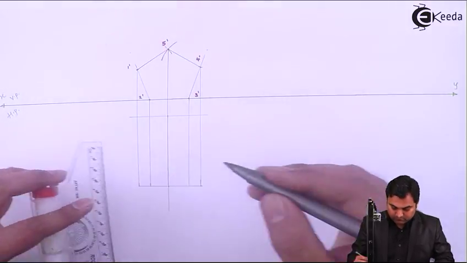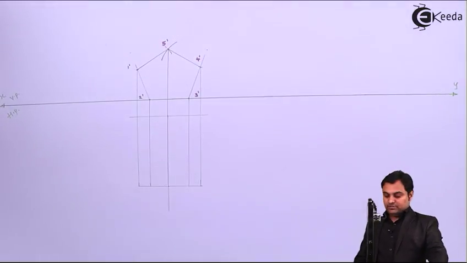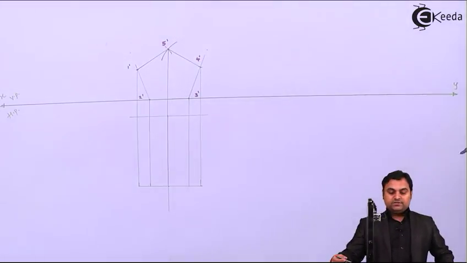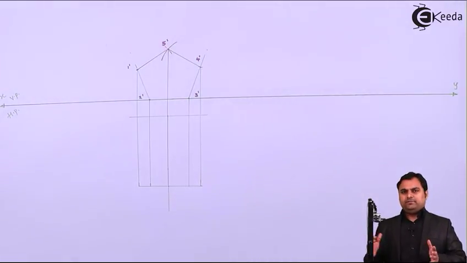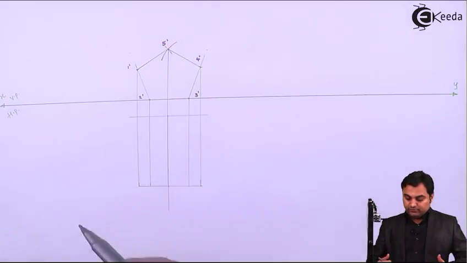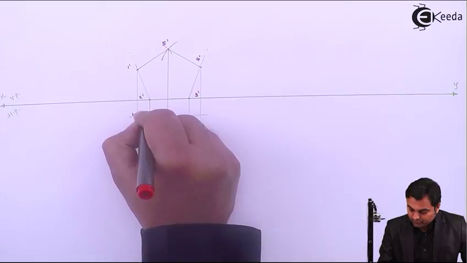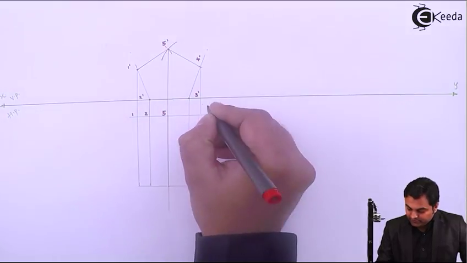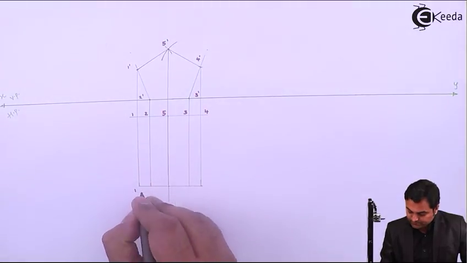So this is the top view of that pentagonal prism. Now I'll give the notations here. Since there is one pentagonal face on one side, and on the other side also there is a pentagonal face, I'll give the notations on both the sides. That is point 1 here, point 2, this is 5, 3 and 4. Similarly here.